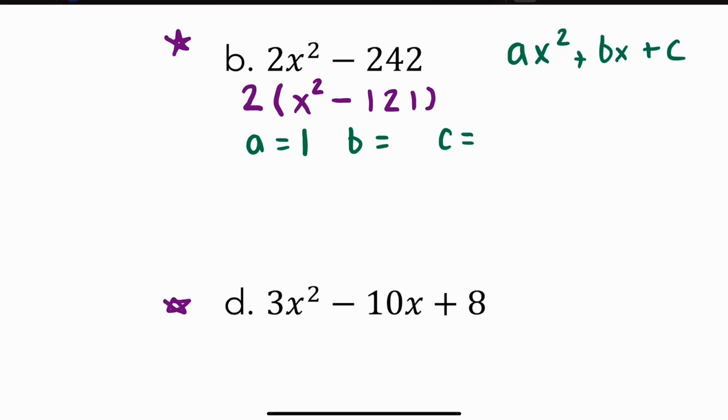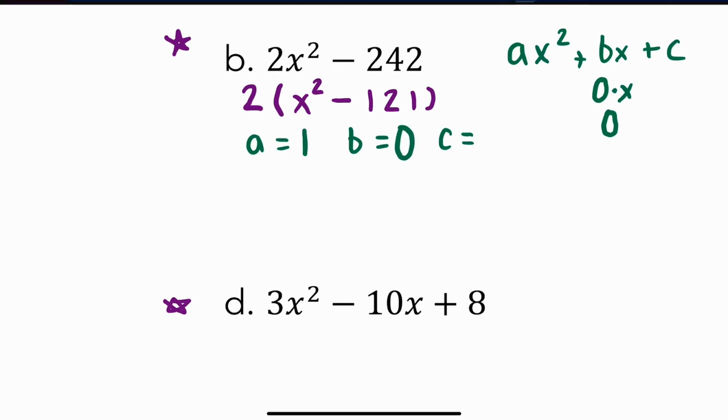If you see, we don't have an x term, a term with just x left in what we have to factor. In math, if you don't see an x, that means that this b has to be 0, because anything multiplied by 0 is 0.